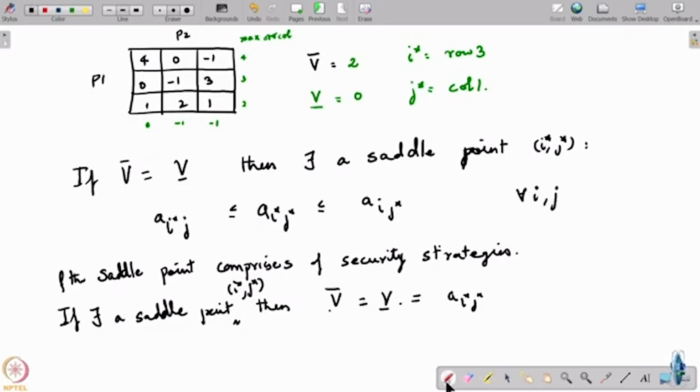So I'll write this here. Saddle point is basically equivalent to Nash equilibrium for zero sum games.